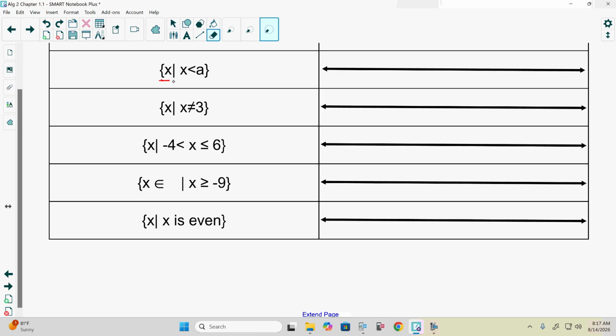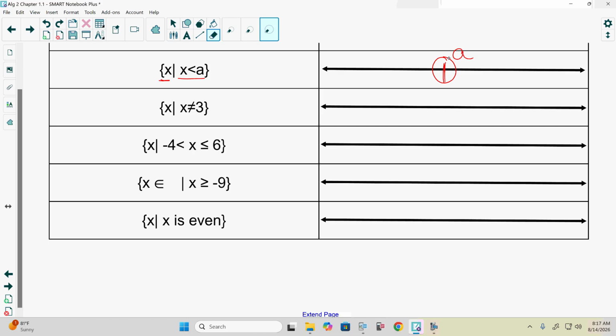X, or X is contained within the real numbers, such that we give a description for it. X is less than A. Graphically, what we're saying is that at some point on the number line A, we have this point.